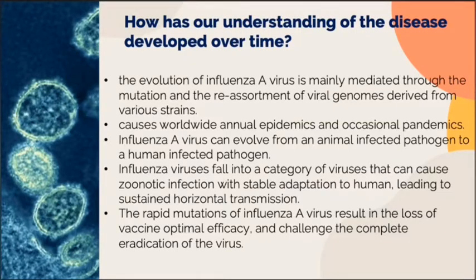The highly pathogenic influenza virus has resulted in stupendous economic losses due to its morbidity and mortality, both in humans and animals. Influenza viruses fall into a category of viruses that can cause zoonotic infection with stable adaptation to humans, leading to sustained horizontal transmission.